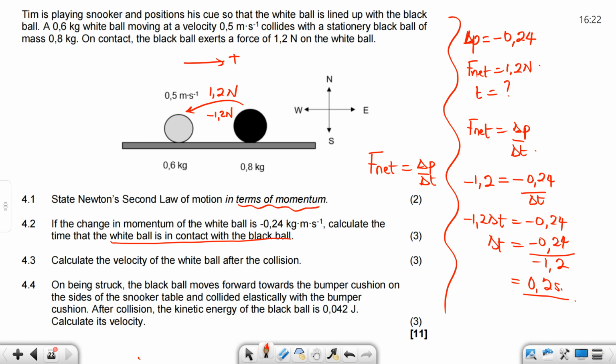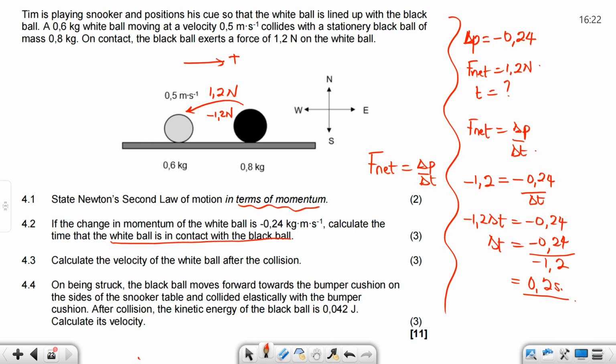Calculate the velocity of the white ball after the collision. It depends on what we know now. What do we know? We have the change in momentum, right?